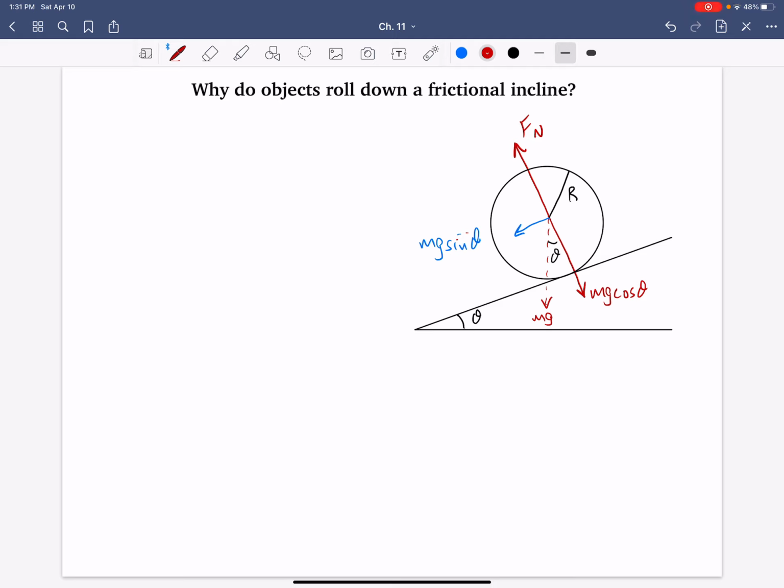Because this object is rolling and not sliding, there is friction, specifically static friction, not kinetic in this case. There is static friction creating the rolling. The gravitational force makes it move down the incline, but it's the static frictional force at the point of contact right here that makes it roll.